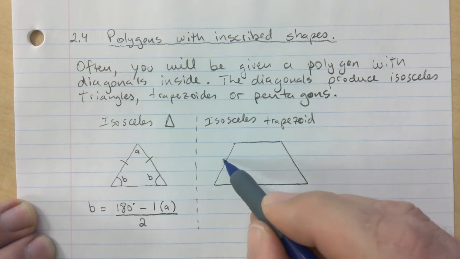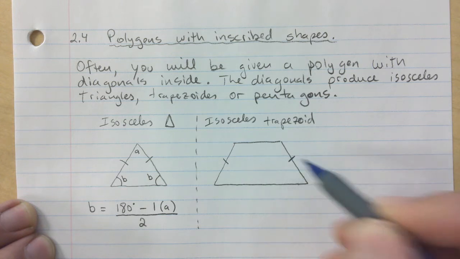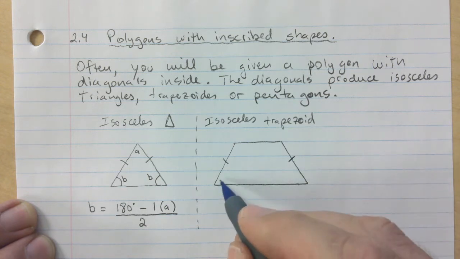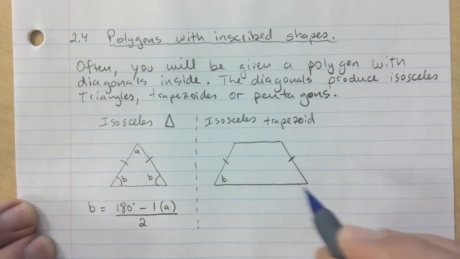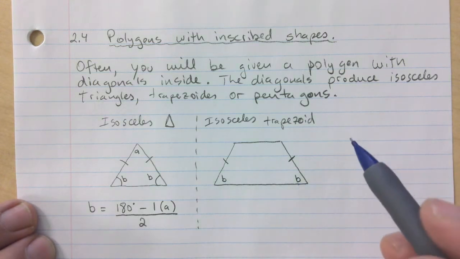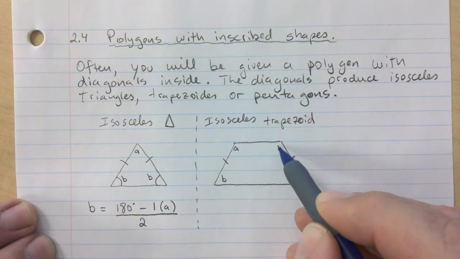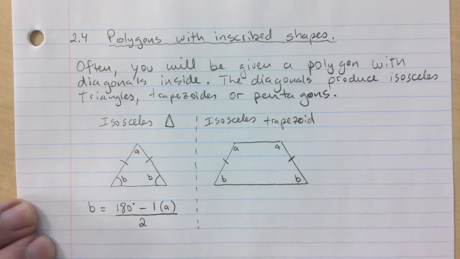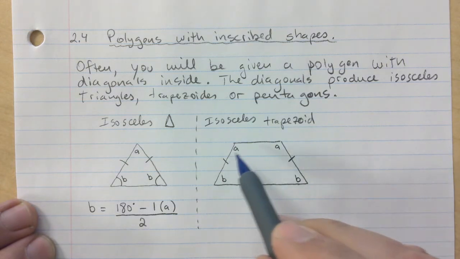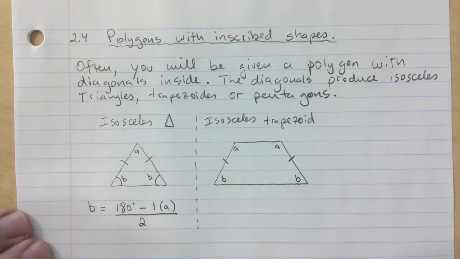It goes like that, and an isosceles trapezoid has these two sides the same, and therefore the angles at the base will also be the same, just like an isosceles triangle. And you have these two angles being the same as well. Okay, if it's an isosceles trapezoid, which will be the case for us.